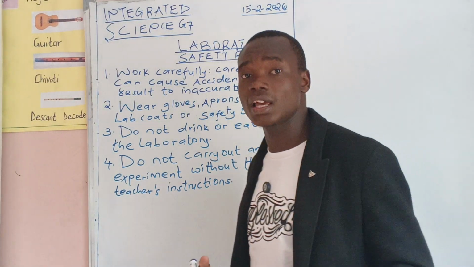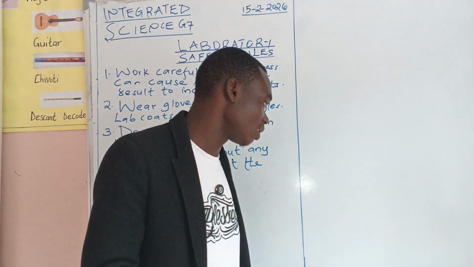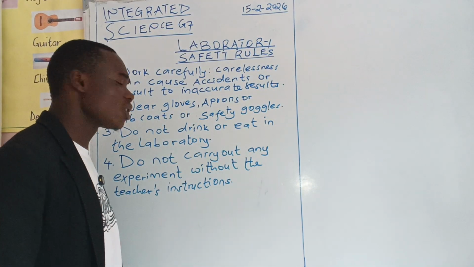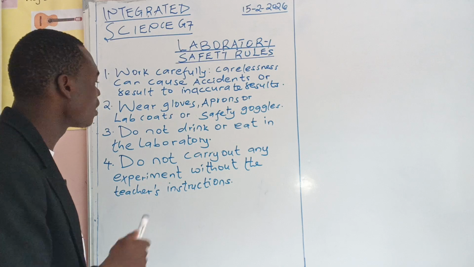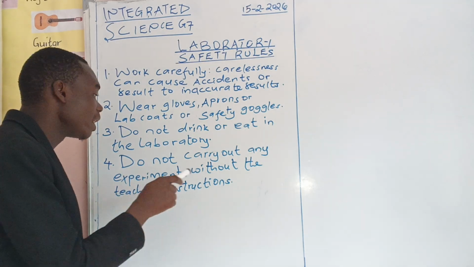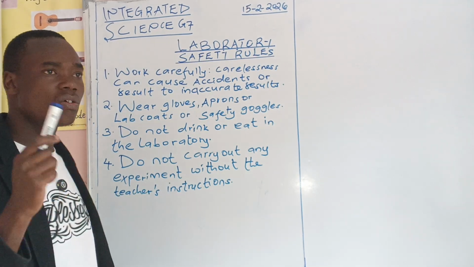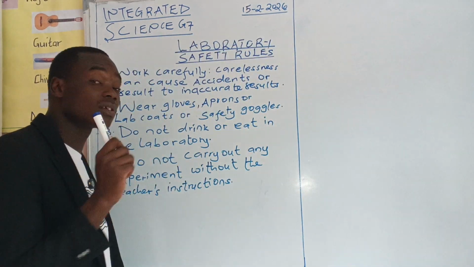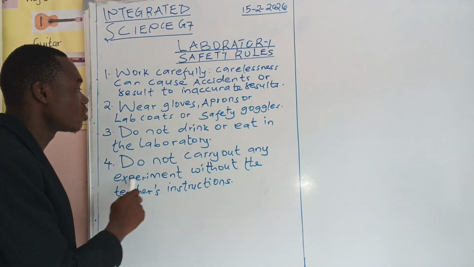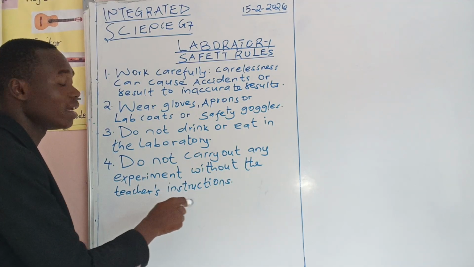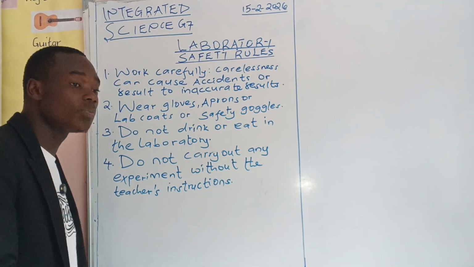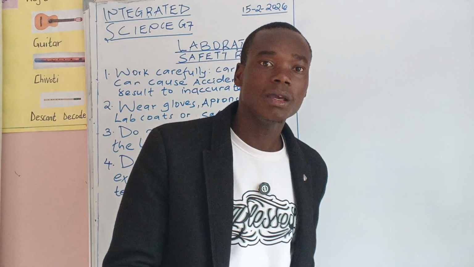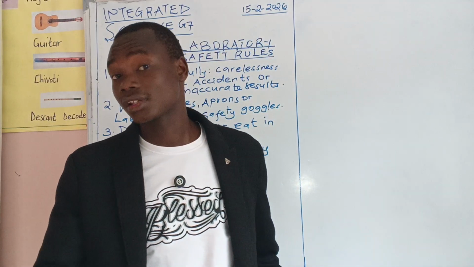Sometimes the teacher is not there, but there is a lab technician in your laboratories. So what you need to do is first of all ask for the instructions. A good learner or student who wants to work in a laboratory setup must be able to ask for the instructions. You need to be instructed, because it is your first time carrying out such an experiment.